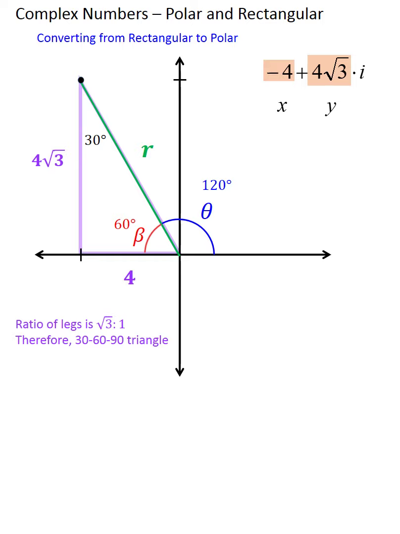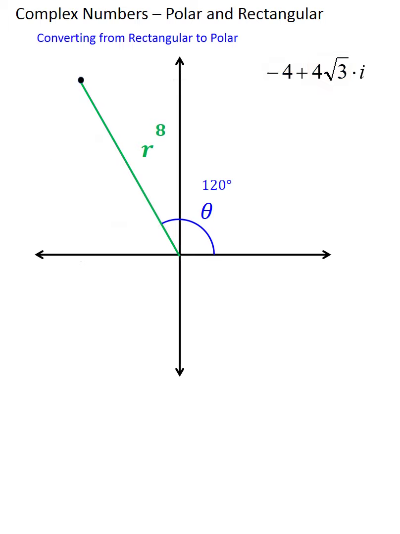Now as far as r, finding r for the polar form, you may recall that the hypotenuse to short leg ratio in a 30, 60, 90 triangle is always 2 to 1. In other words, the hypotenuse is twice as long as the short leg. Since the short leg is 4, the hypotenuse must be 8. 4 times 2.